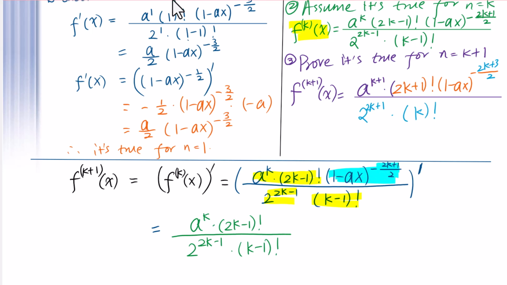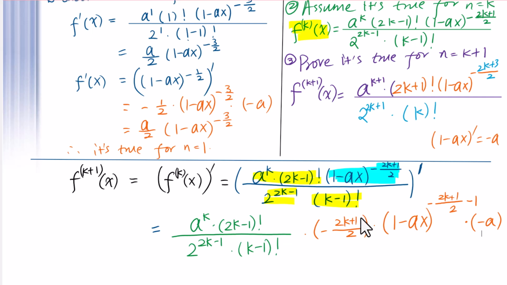Drop down the exponent, negative (2k plus 1)/2 times (1 minus ax) to the power of negative (2k plus 1)/2 minus 1. Do not forget the chain rule.